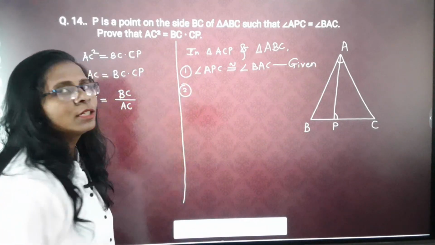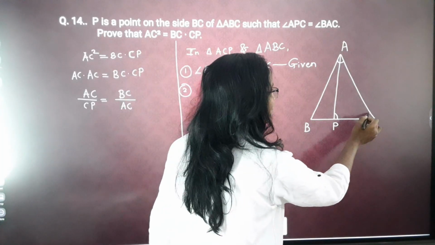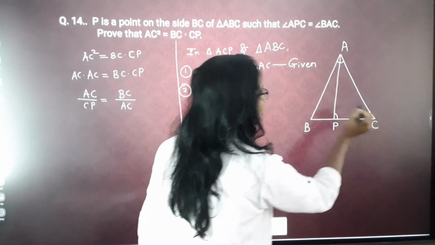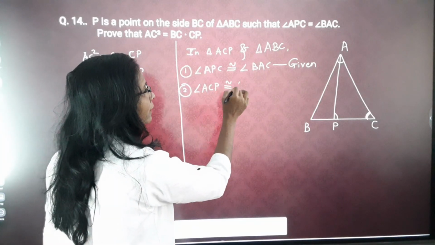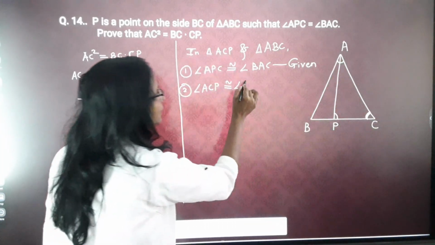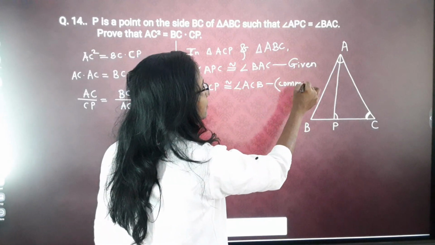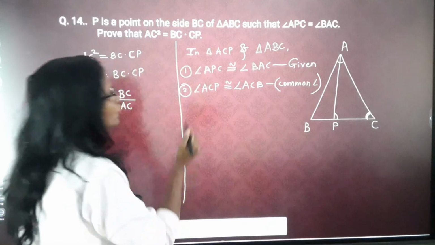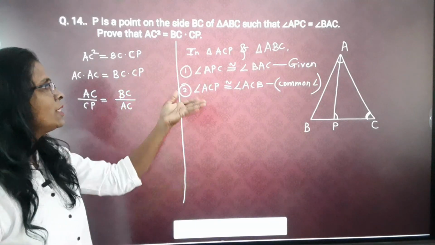The second component is that C is common, so angle ACP is congruent to angle ACB. That is a common angle. So now we have two angles congruent.